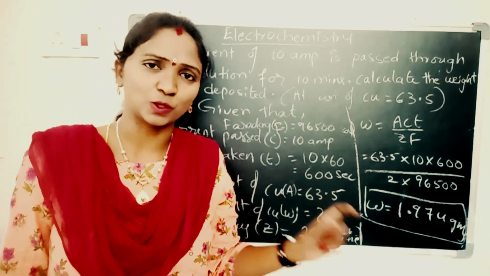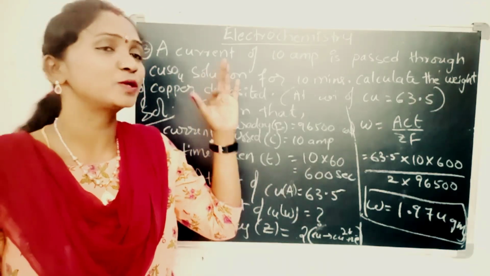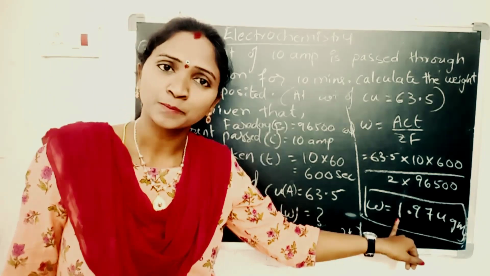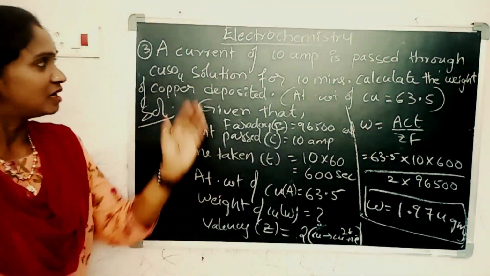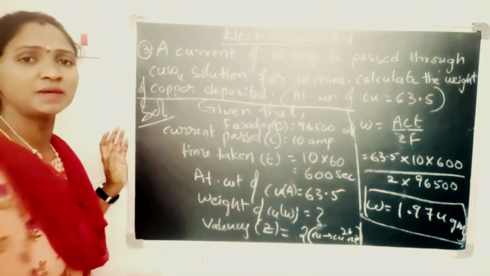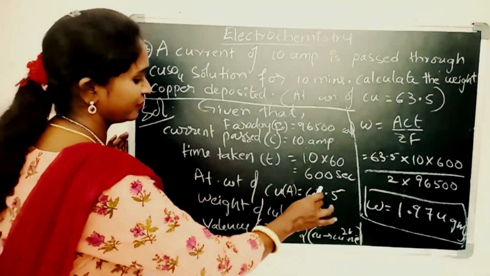When 10 amperes of current is passed into copper sulfate solution for 10 minutes, we get the weight of copper deposited as 1.974 grams. See once again: first of all we have to see the given data: current passed, time taken, atomic weight.